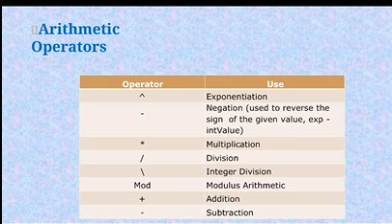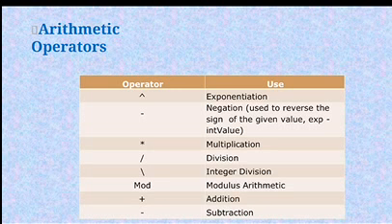Equal to checks if the values of two operands are equal or not. If yes, then the condition becomes true. And one more operator is not equal, which checks if the values of two operands are equal or not. If the values are not equal, then the condition becomes true, like that.